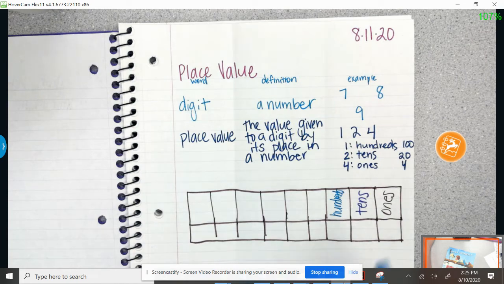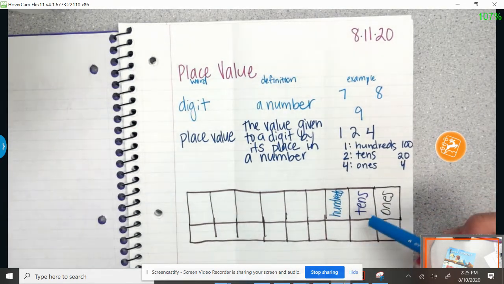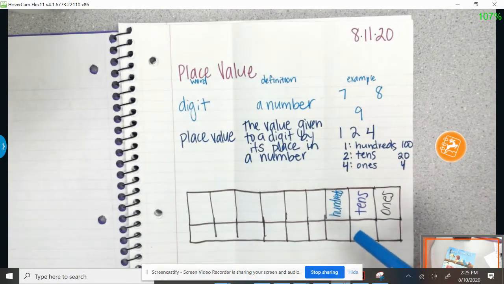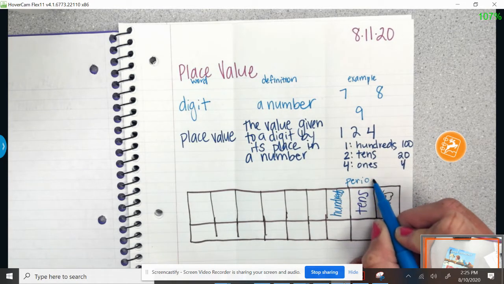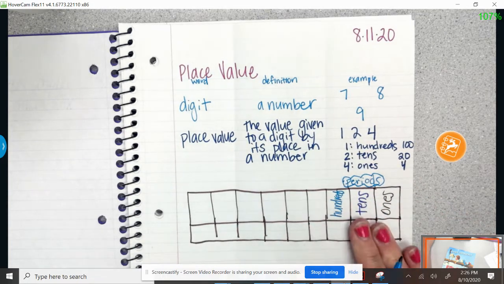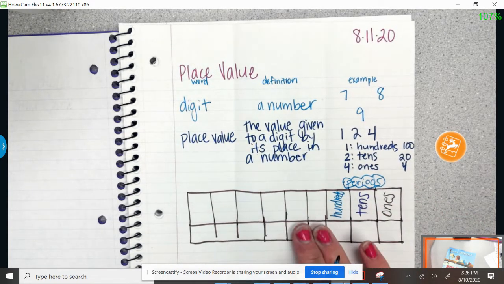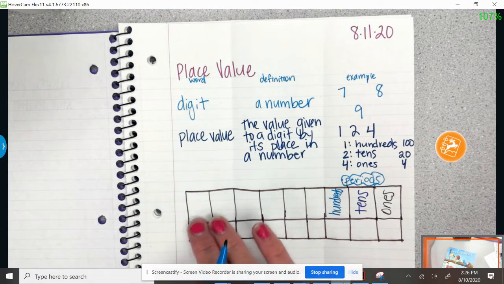And so these 3 together are a set, okay? So these are called periods, okay? So they go by periods of 3. Okay, and if you notice, our numbers are all set up like hundreds, tens, ones. Then another 3 numbers is still hundreds, tens, ones. And then another 3 numbers is still hundreds, tens, ones.